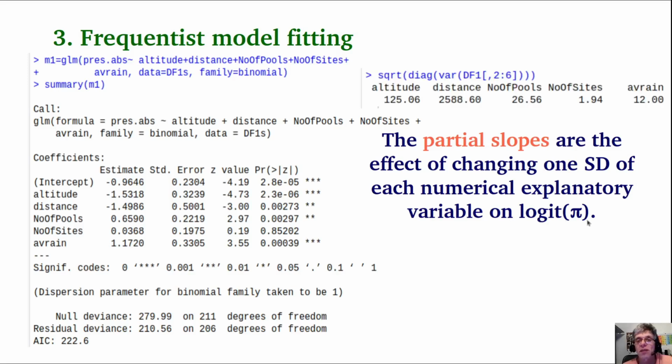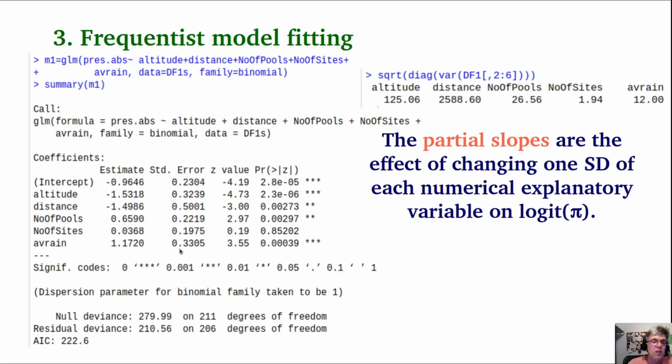So what are the standard deviations? The standard deviations of the explanatory variables are the following. So this means that if the average rainfall increases by 12 units, the logit of pi increases by 1.17.